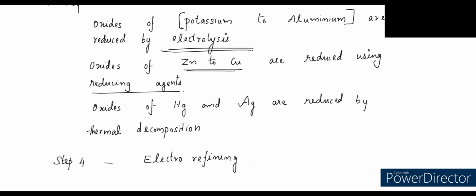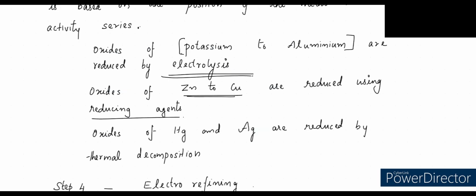Finally, oxides of silver and mercury are reduced by strong heating, which is called thermal decomposition. That is all about step 3. Under this, the reduction of aluminum oxide to aluminum, we will be discussing in detail. Chances are very slim that in the board examination they ask any question based on step 3 other than the extraction of aluminum.